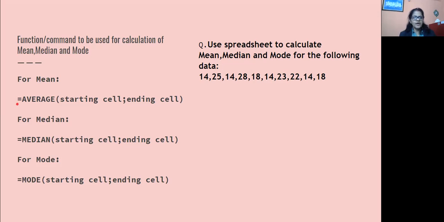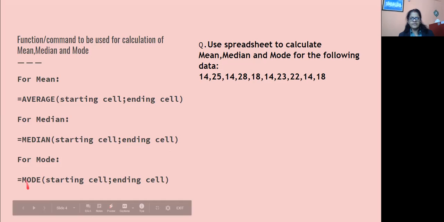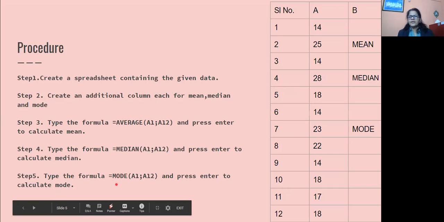So equal, average, bracket, then from which cell to which cell, starting to ending, and then press enter. Similarly, to calculate median, again equal, median, starting cell, ending cell. It means from where to where you have to calculate. And for mode also, this is the command. So here I am taking one.